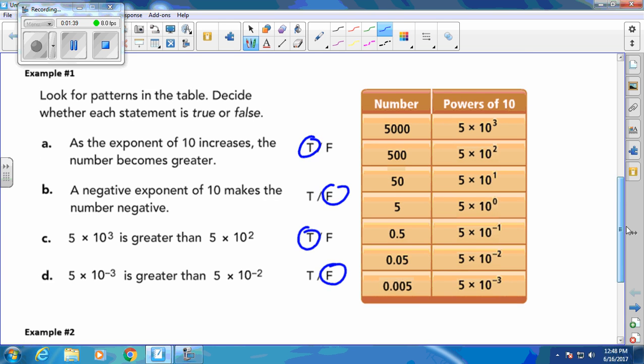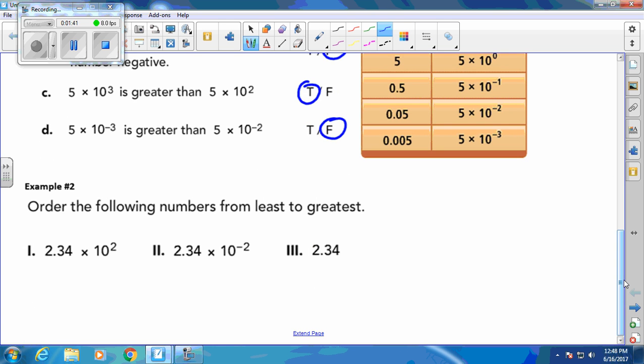So then for number 2, they wanted you to order these numbers from least to greatest. So I have 2 3/400 times 10 to the second, 2 3/400 times 10 to the negative second, and then I also have 2 3/400 times 10 to the 0, because anything to the 0 power is equal to 1.